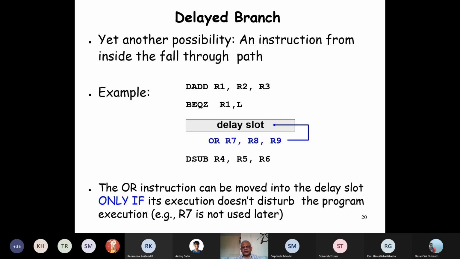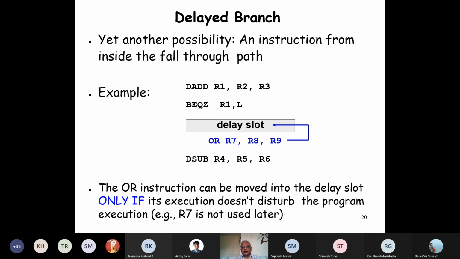So if we put an instruction in the delay slot from the not taken path, that is the sequentially succeeding one, then if R7 is not used in the taken path, we can do it. It will compute it, and by chance, if the branch is not taken, this will be a useful thing. Otherwise, in any case, it does not affect the taken path. So the result is useful only when the branch is not taken.